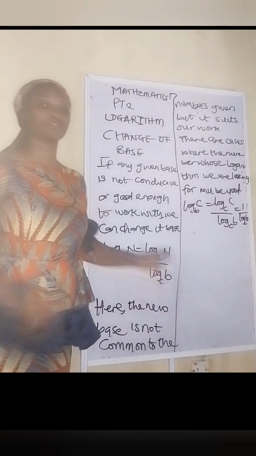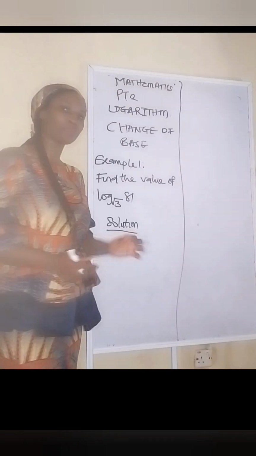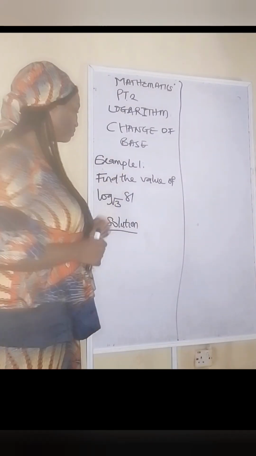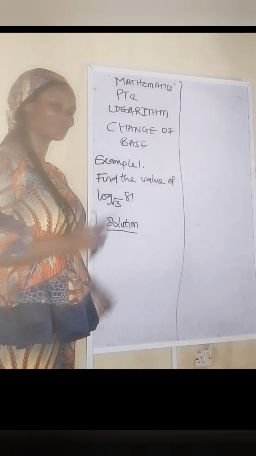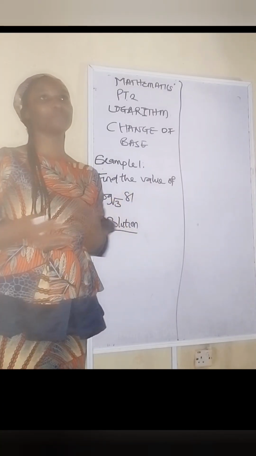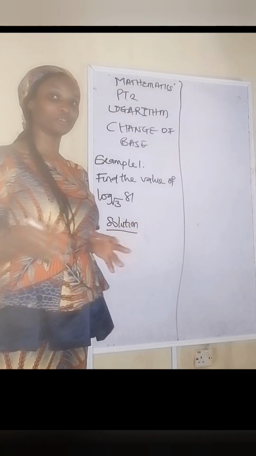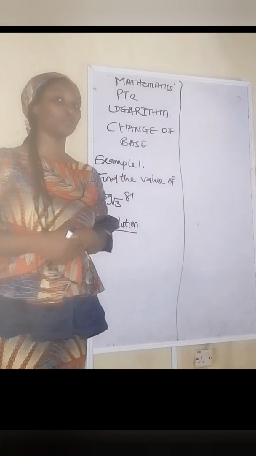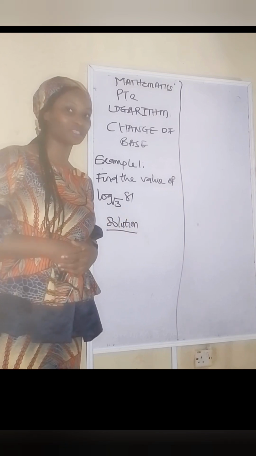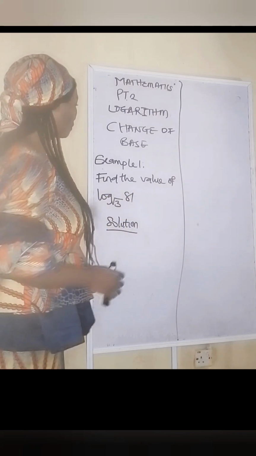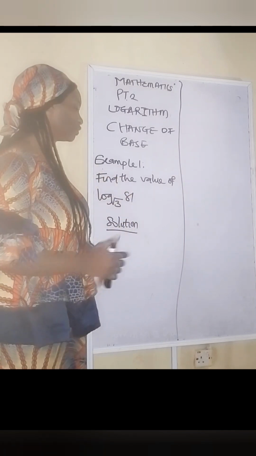So now let's quickly solve a few examples. Hello everyone. Let's quickly solve this particular example. Can you solve this? It might look tough, but if you followed us in the previous video, you will understand. If you are watching this as a short video, ensure you watch the long video, because if you did not, you might not have a better understanding. We are asked to find the value of log 81 base 3.